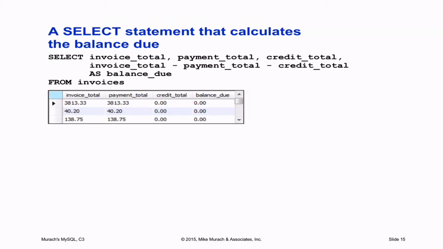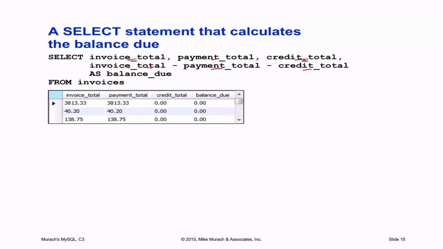And here's an example. This type of example with the balance due is used a lot in different examples throughout the book. Here we're selecting an invoice total, a payment total, a credit total, and then we're selecting the invoice total, subtracting the payment total, and subtracting the credit total.